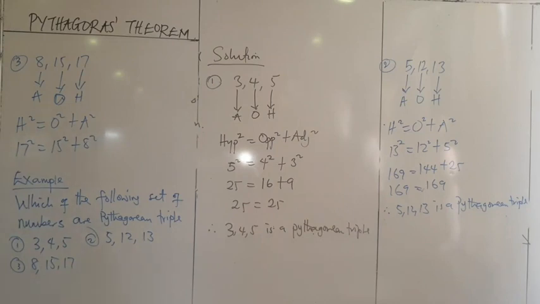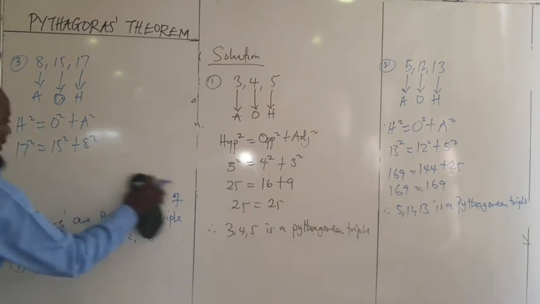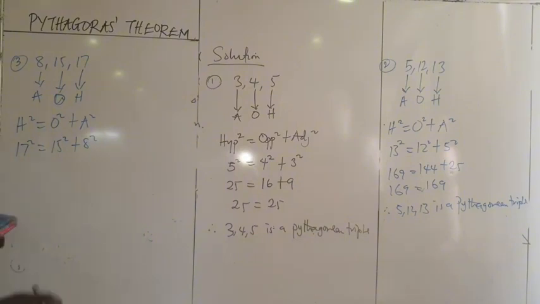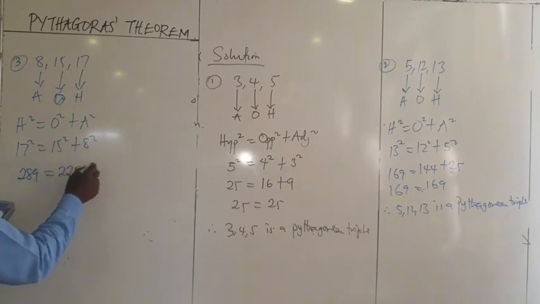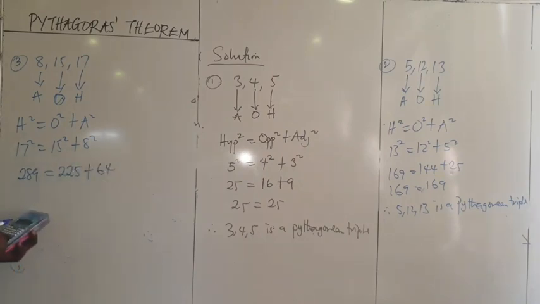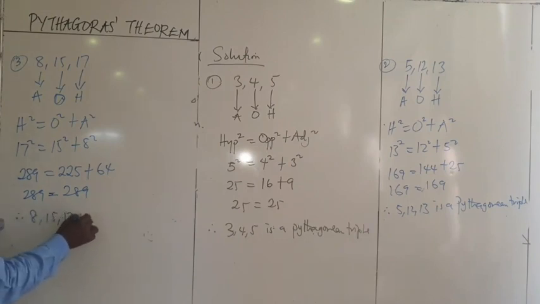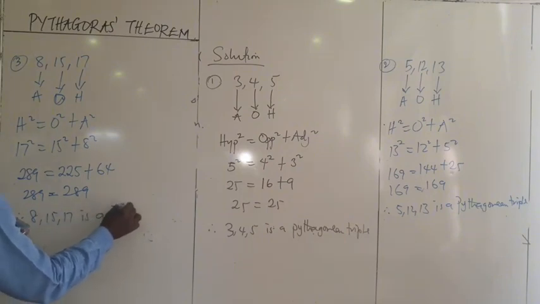Let's check for this. 17 squared gives us 289, equals this one gives us 225 plus this one gives us 64. So 225 plus 64 gives us 289. That is 289 and 289. Therefore, this set of numbers, 8, 15, and 17, is a Pythagorean triple.